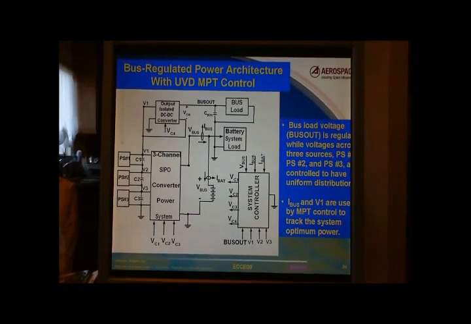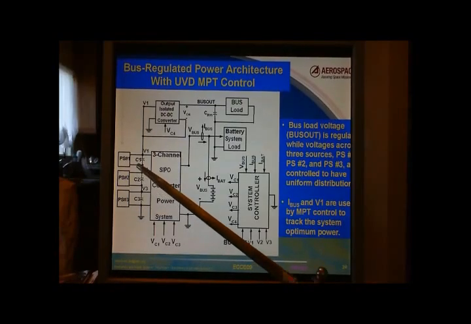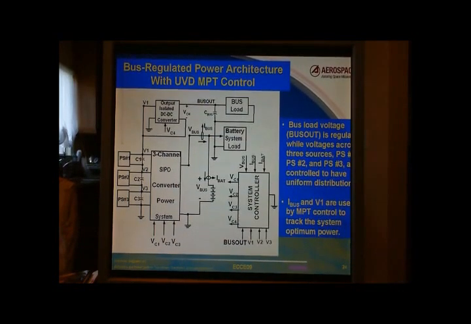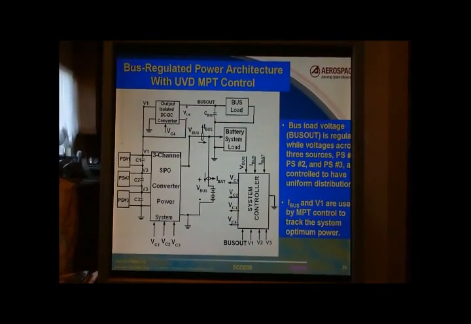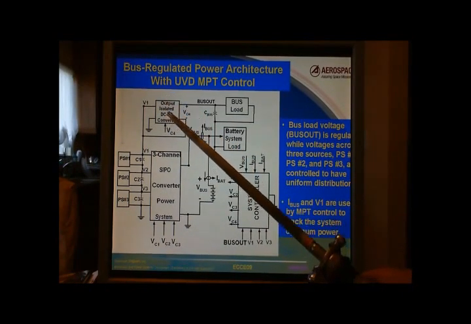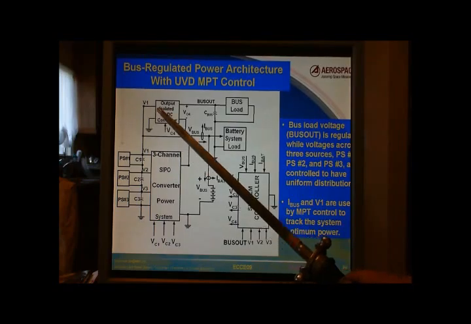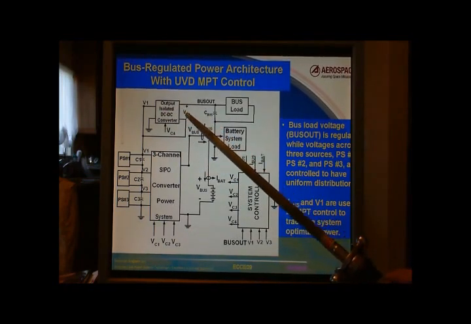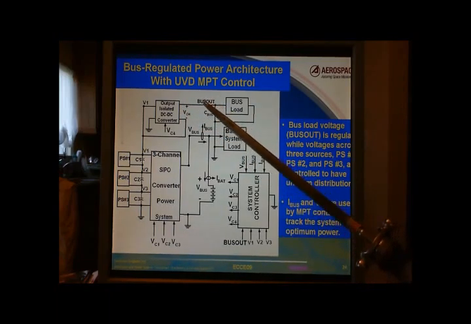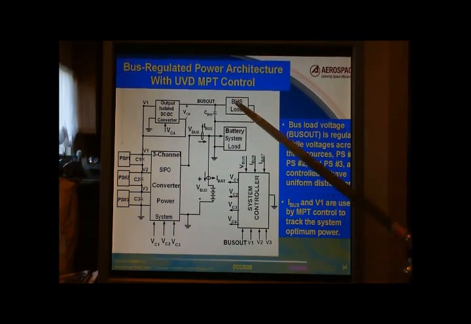In this manner, the power conversion efficiency from the total sourcing voltage to Bus Out can be significantly high, simply because the only power loss is in the output isolated converter, which provides only a small portion of the sourcing power to Bus Out and the bus load.